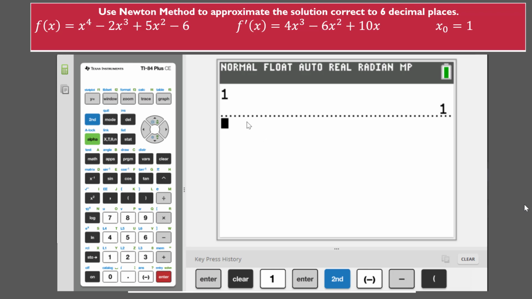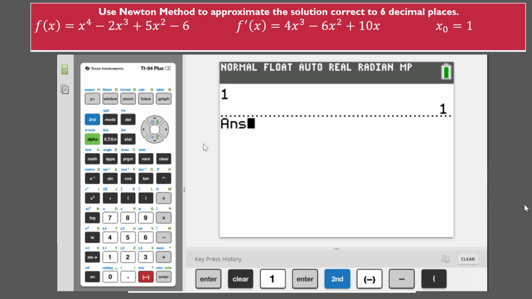Now in order to record the answer, we have to hit second ans. So now the value of ans here is 1, right? And I try to finish the iteration of Newton methods.